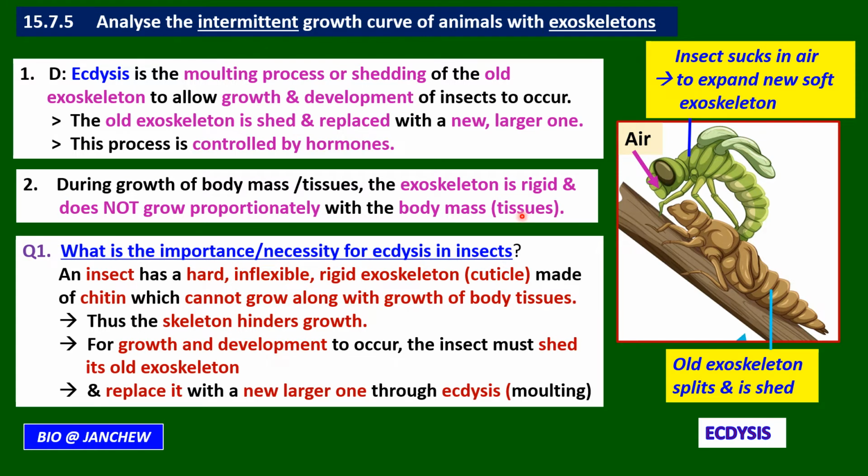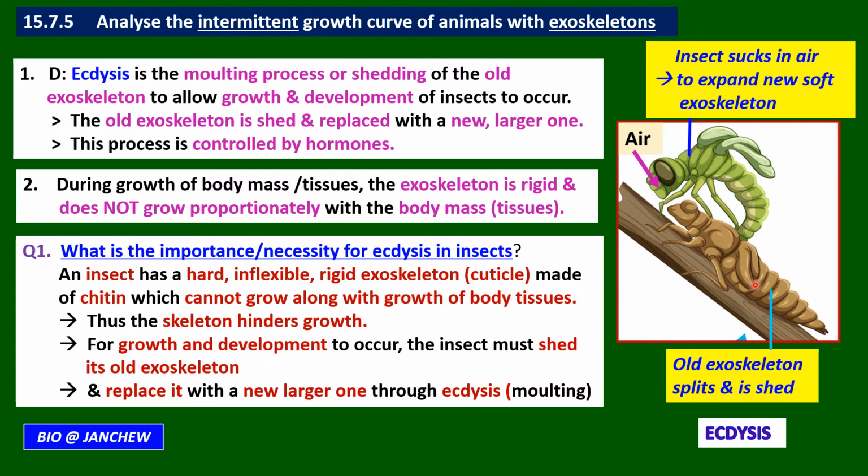All right? So when an insect is growing, its body tissues are increasing by cell division through mitosis. The body tissues keep increasing until they reach the full length of the exoskeleton. Then there's no more space for the body tissues to grow anymore.